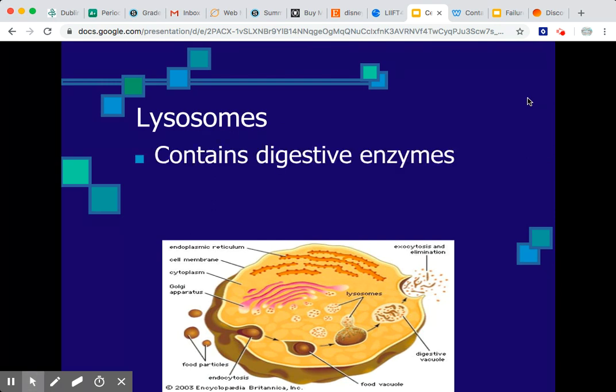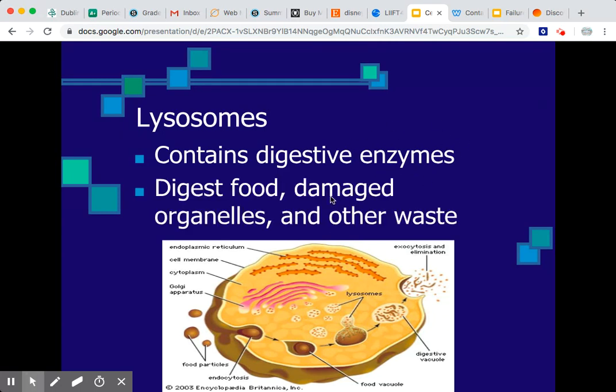Lysosomes contain, here's another, the word enzyme again, digestive enzymes. So basically what these do is speed up the digestion of food or organelles or any other waste that comes into the cell. If you'll notice, in this instance, is a really nice diagram.